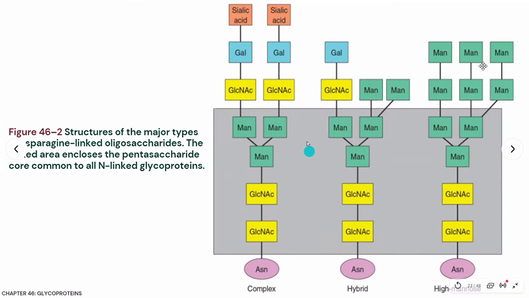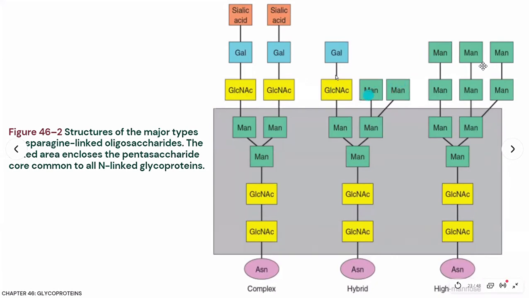Like the complex contains, as we see here, your glucose NAc, okay, similar to that. Then galactose, then sialic acid, your neuraminic acid here. While this one, hybrid, looks similar to that because of this, but it has mannose.